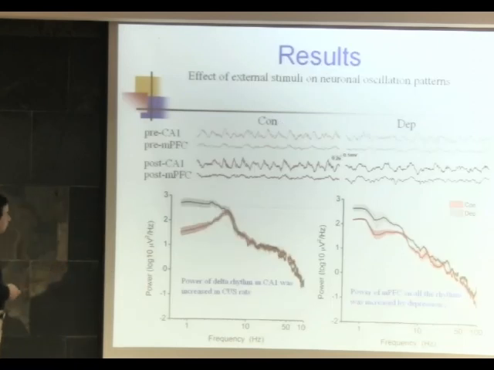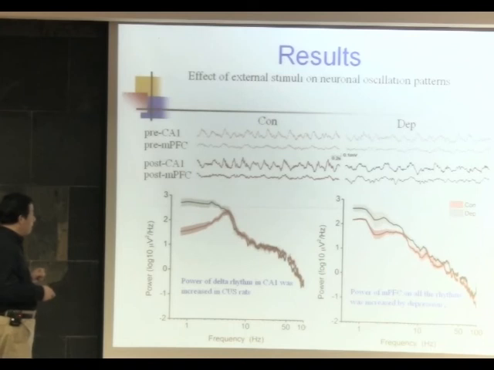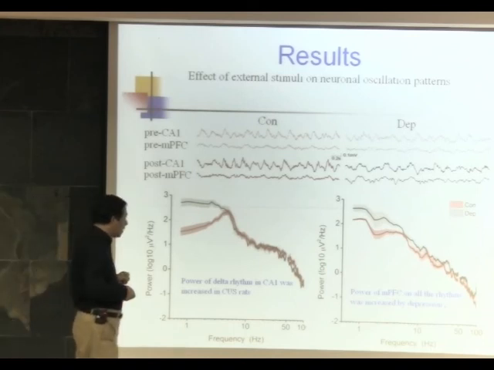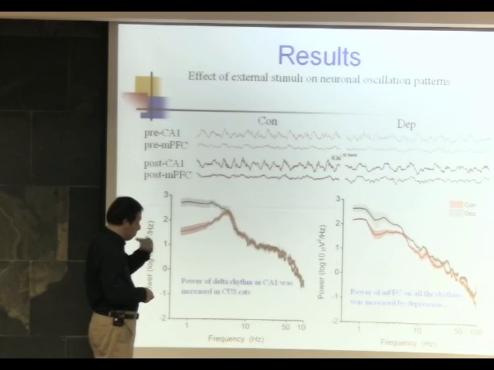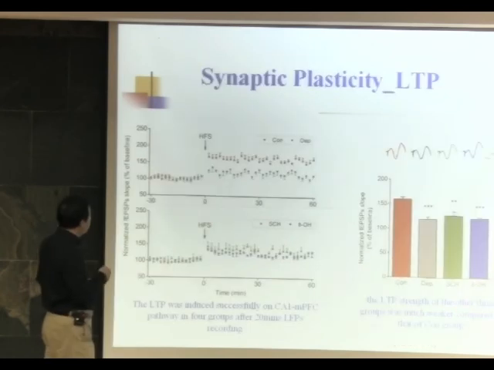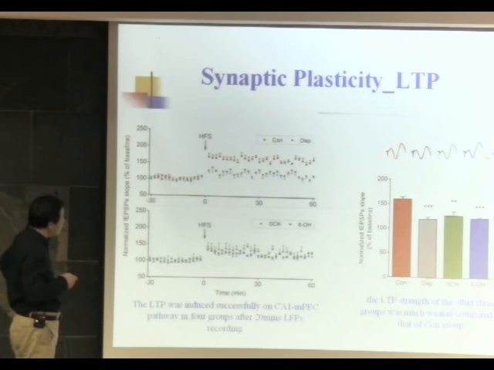So these are the results, which I will introduce very simply. We can see that the power in the low frequency band, which we call the delta region, in the CA1 was increased in the depression animals. However, the power of the cortex in all the frequency bands was increased by the depression. And this is the synaptic plasticity measurement we call LTP.